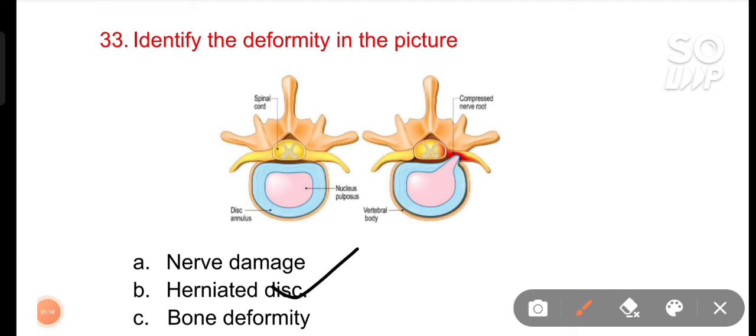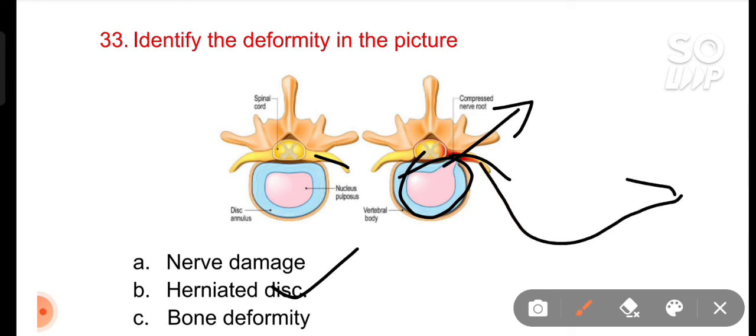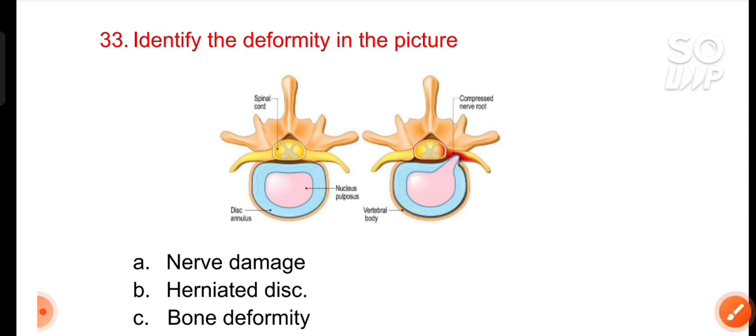Here you can compare the two pictures. Part of the disc is herniated towards the nerve. When the disc herniates or protrudes and presses on the nerve, the nerve becomes very painful. In the case of sciatic nerve compression, a disc prolapse occurs.